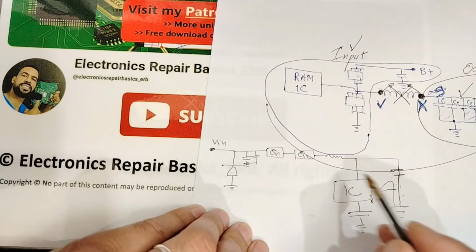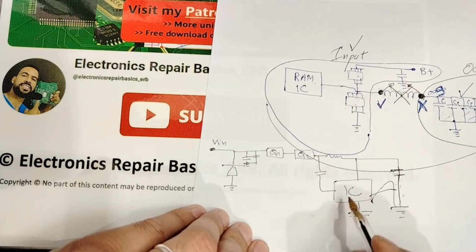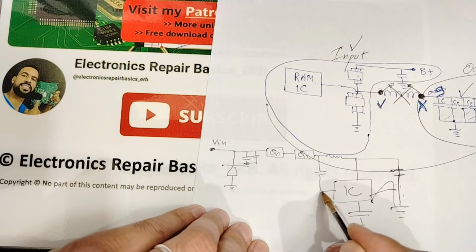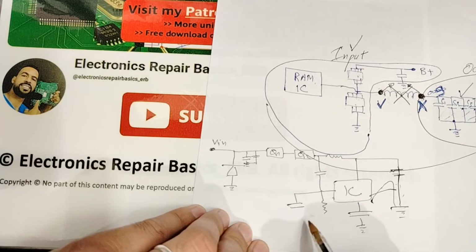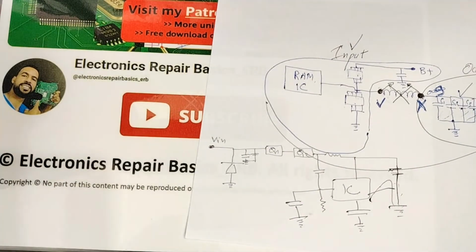Okay, my friends, we have a capacitor like this. And we have here a resistor, and over here a capacitor connected to the ground. Nice. I will show you how the voltage injector works, my friends.